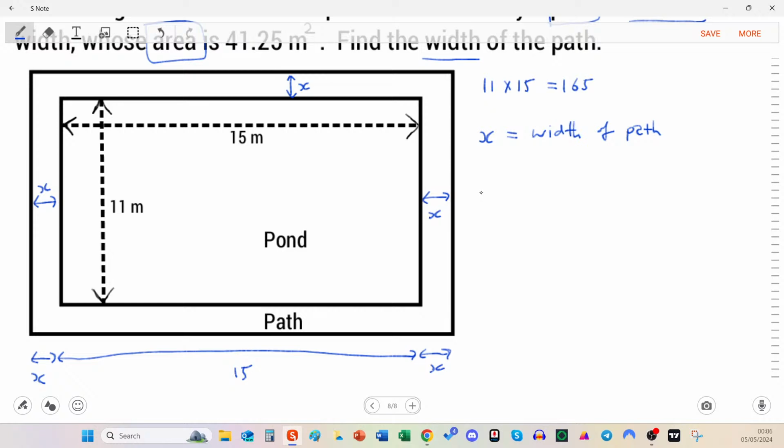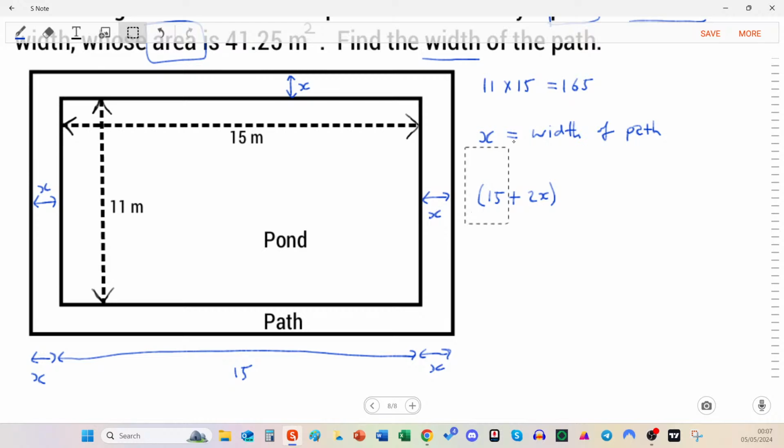So the length of this pool is 15 plus X squared. X squared, silly Billy, 2x. 15 plus 2x in that direction, yes?